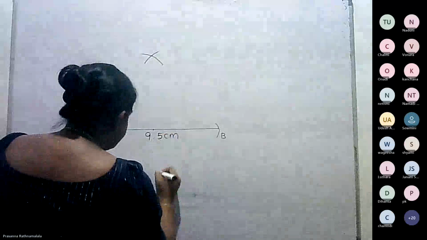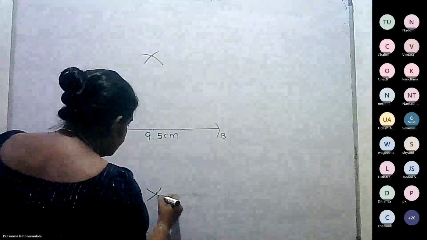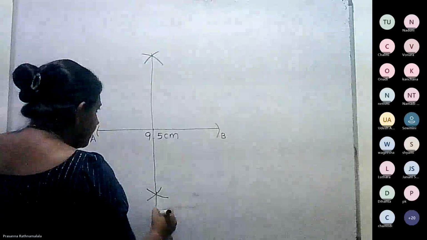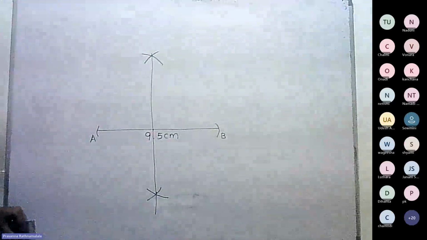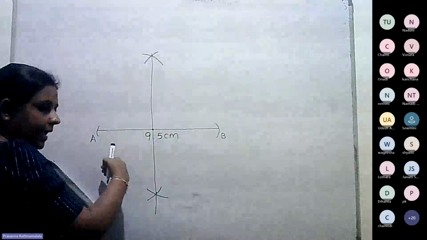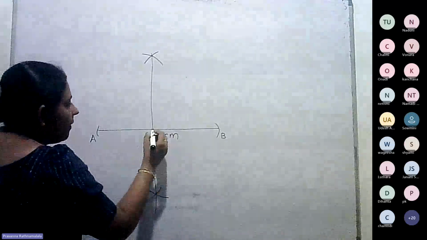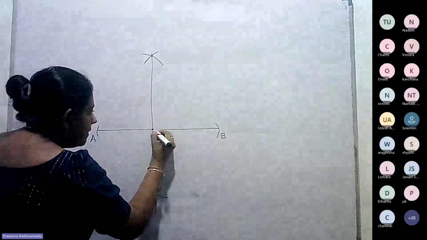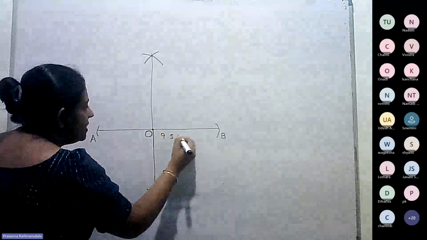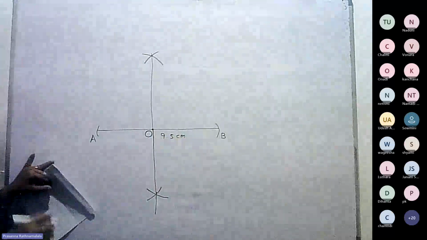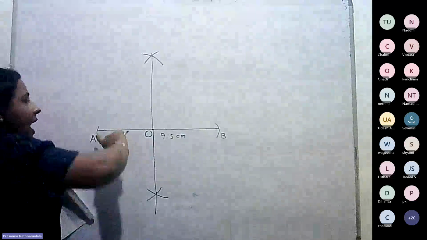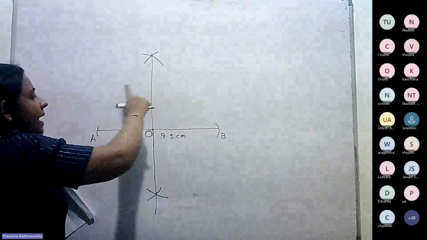Like this. Then you can join. Then you can find the center here, the midpoint of that AB, that is the center. Now we name it as O. This is O, the length of this is 9.5. Now you can take OA as the radius and you draw a semicircle.